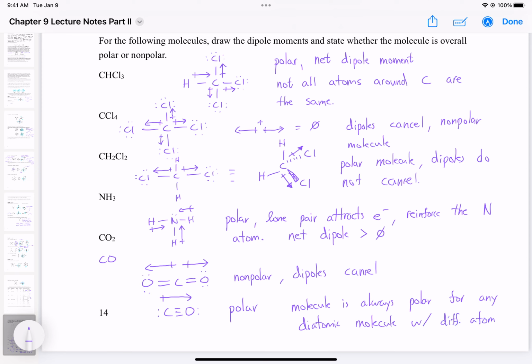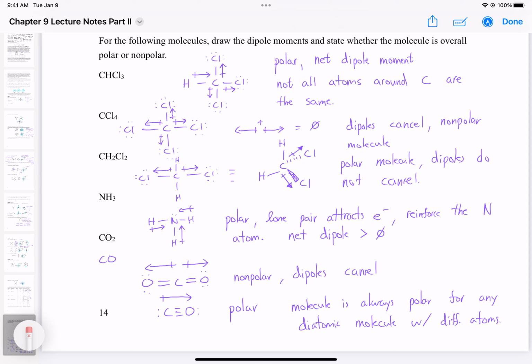No matter what the atoms are, for example HF, HCl, always polar, because there's an electronegative atom and a less electronegative hydrogen or other atom. Okay. So I believe that is it for chapter 9, part 2. We talked about dipoles.